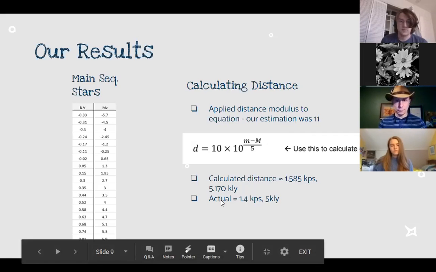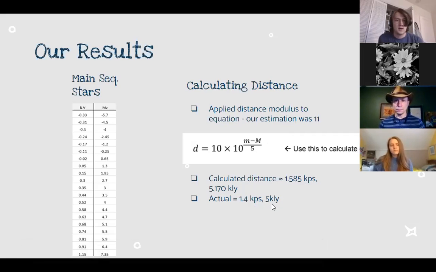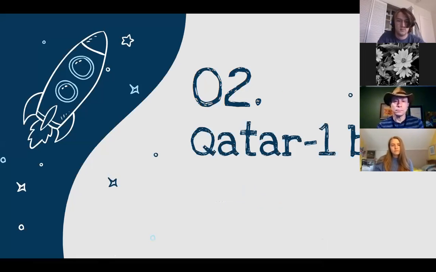From actual databases and professional astronomers, the actual distance is about 1.4 kiloparsecs and 5 kilolight years. So for an amateur high school observatory, I think that was pretty good.